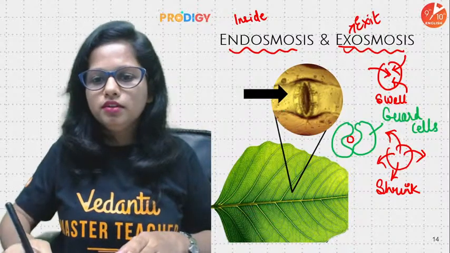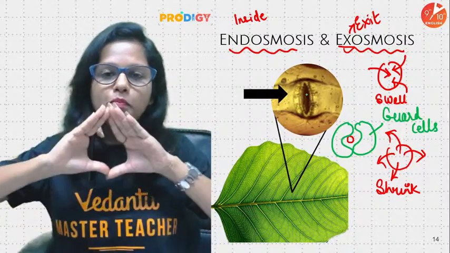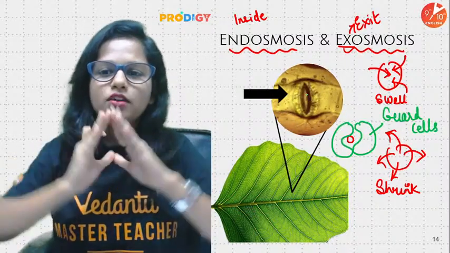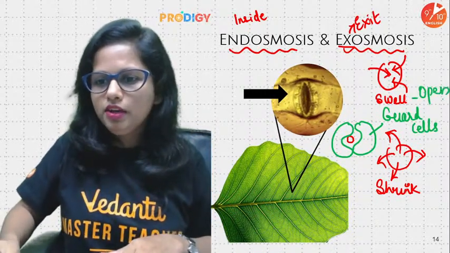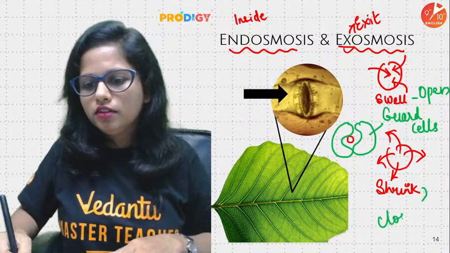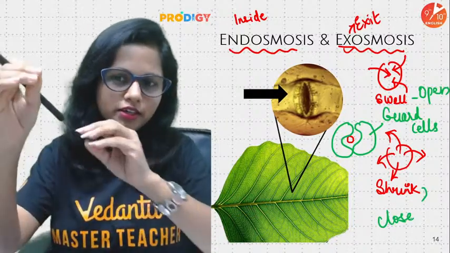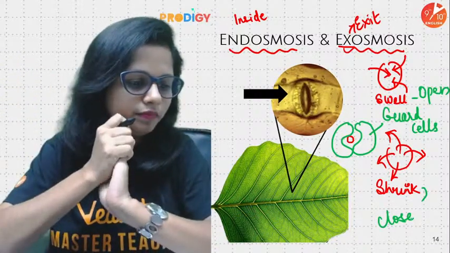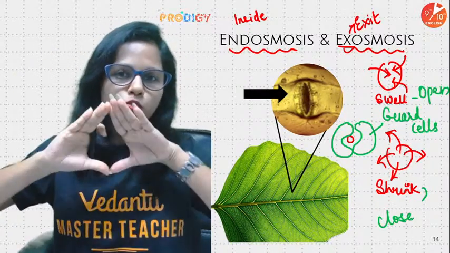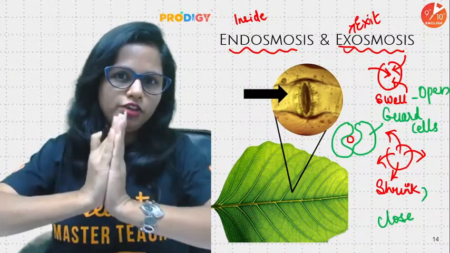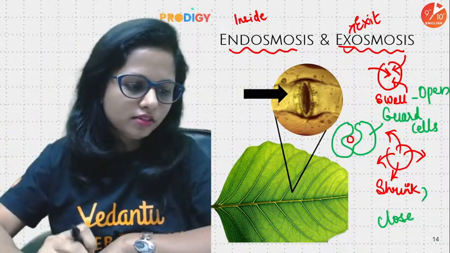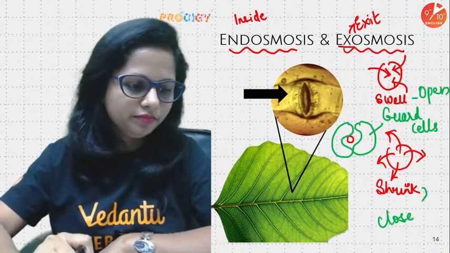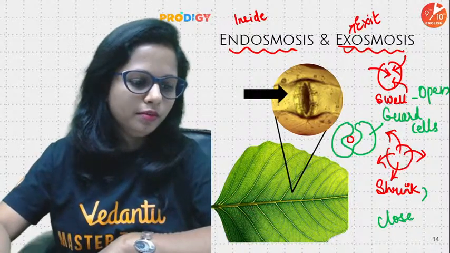So see over here, the guard cells swell and open up, and they shrink and close. When they swell, they open. When they shrink, they close. It is very beautifully shown over here. Can you see? Guard cells swell, stomata open. Guard cells shrink, stomata closes. Easy?